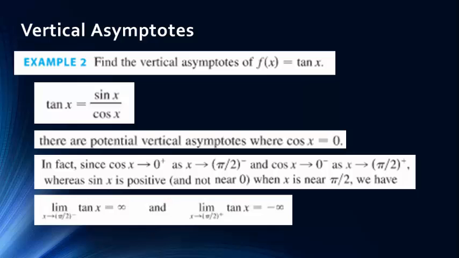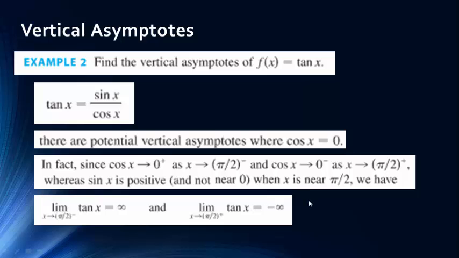So we know that the limit as x goes to pi over 2 from the negative direction gives us that the tangent equals infinity, because of the signs. And then as we are approaching pi over 2 from the positive direction, we're going to get negative infinity again because of the signs as we're getting closer there.